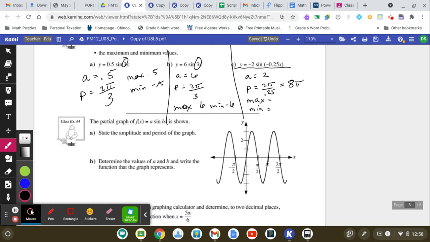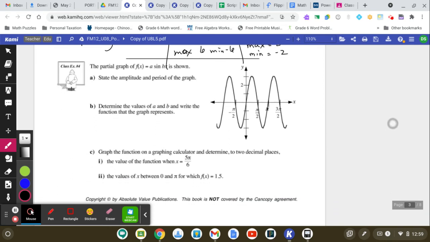Did you forget an X? I want it in terms of pi. Okay, so maximum is still 2. The little negative flipped it down, but it's still going up and down to 2. So maximum is 2, minimum is -2.